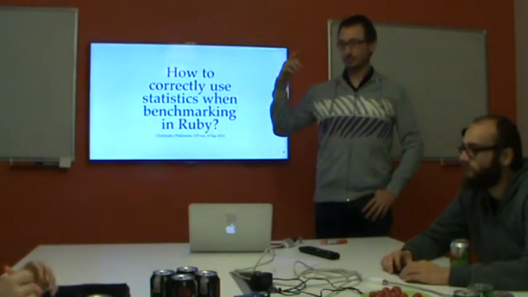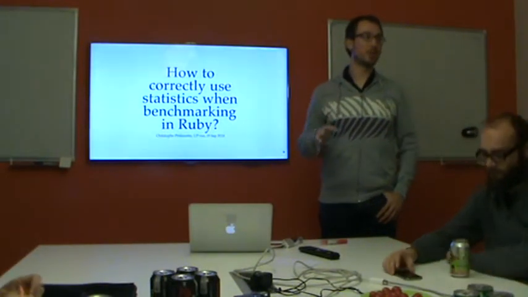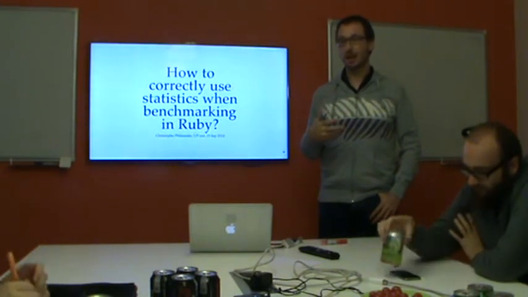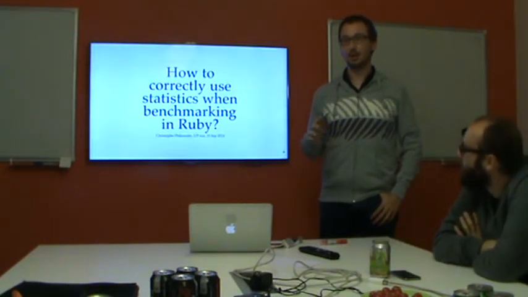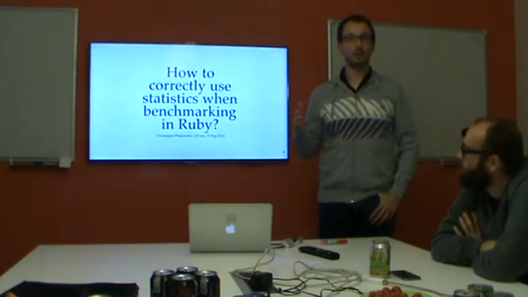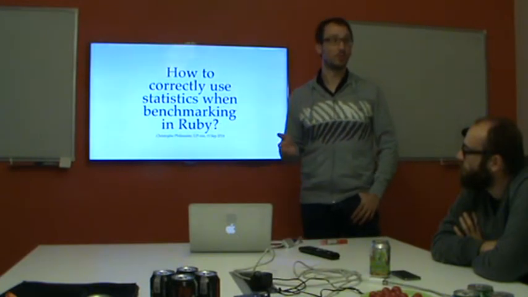Well, I won't talk so much about code, but more about something I've seen a lot in the community, which is the way people compare different implementations to decide which one is the best, the most performant.